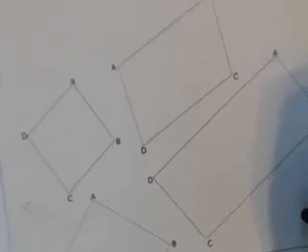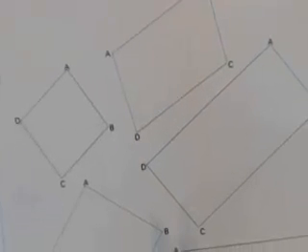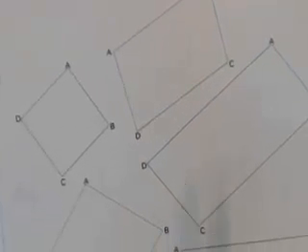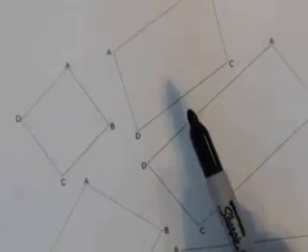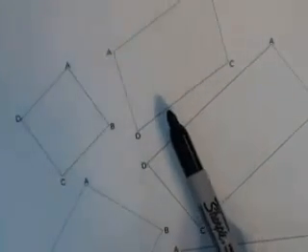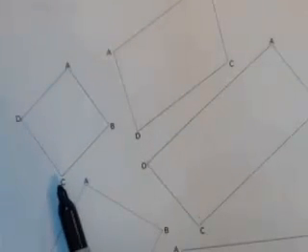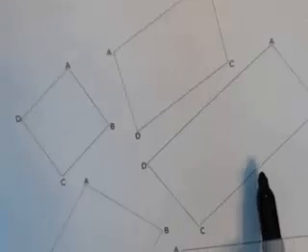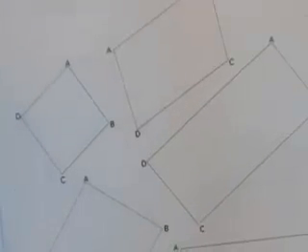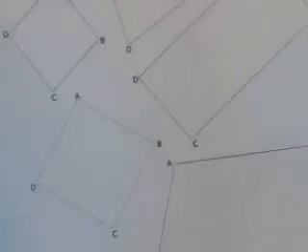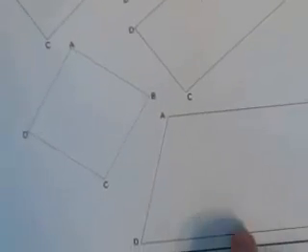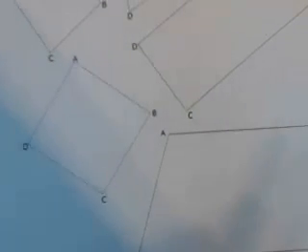These are all parallelograms. So this is typically the way we draw a parallelogram, but a rhombus is a parallelogram, a rectangle is a parallelogram, a square is a parallelogram, and then this is how we typically see our parallelogram.